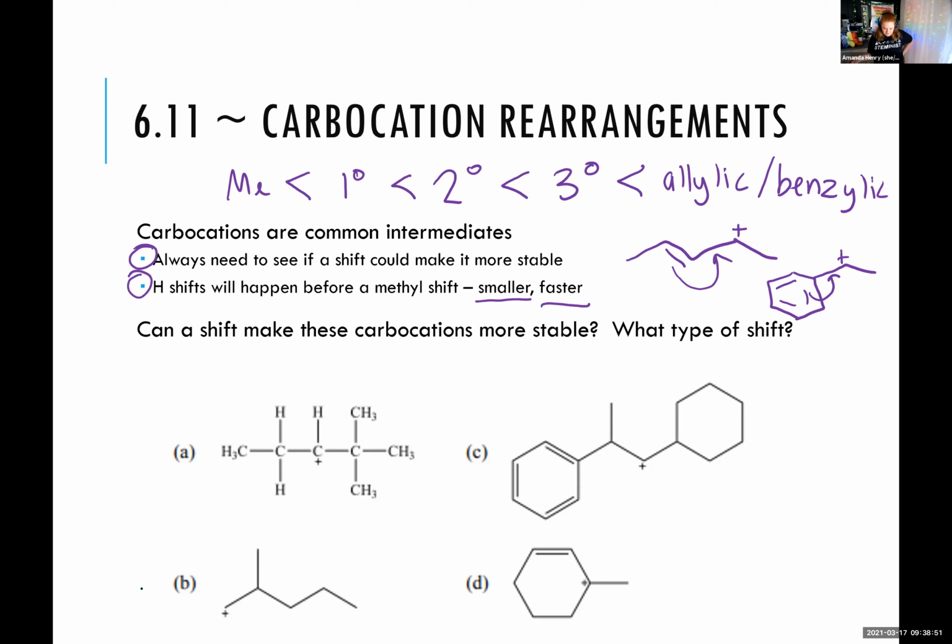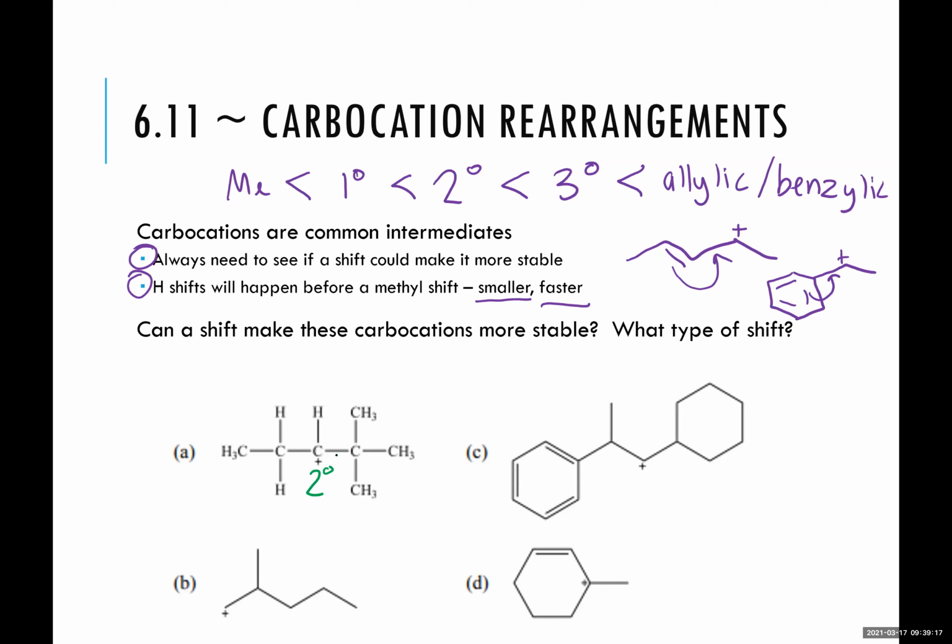Let's start with, in structure A, what type of carbocation do we have? Tertiary? It's not tertiary. How many carbons is that guy bonded to? Secondary. There we go. So we're not looking at how many bonds it has, we're looking at how many carbon bonds. So don't let that hydrogen throw you off.